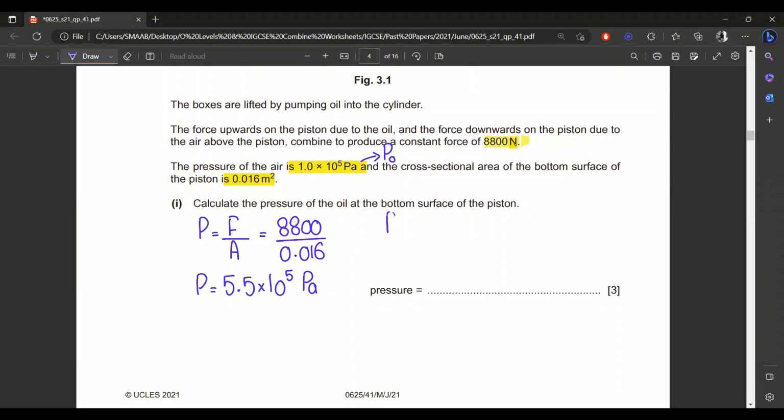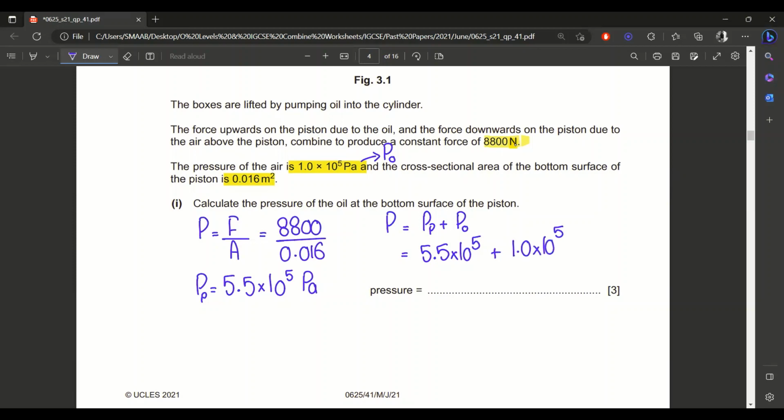So our final pressure will be equal to the pressure of the piston plus pressure of the atmosphere. So we need to combine all these values, that is 5.5 into 10 to the power 5 plus 1 into 10 to the power 5.